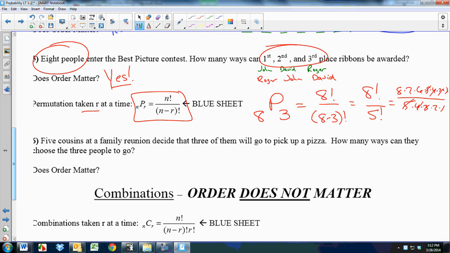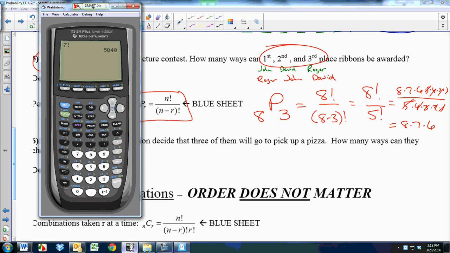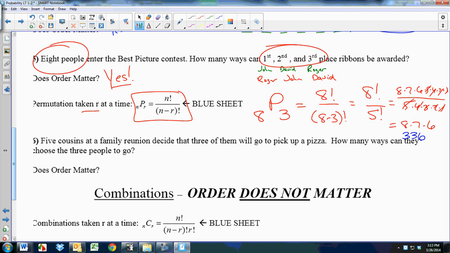The 5, 4, 3, 2, 1 all cancel, and you're left with 8 times 7 times 6, which is 336.